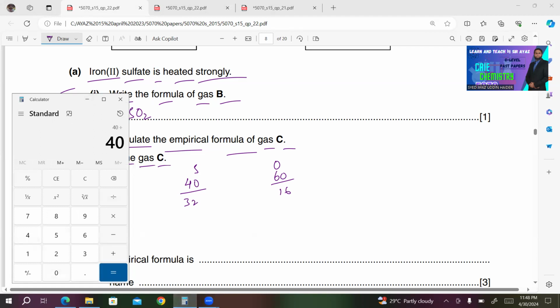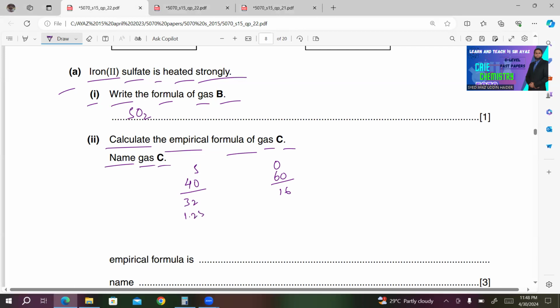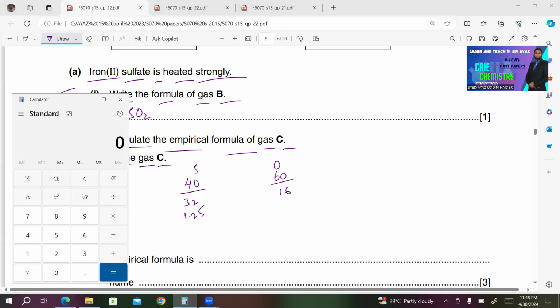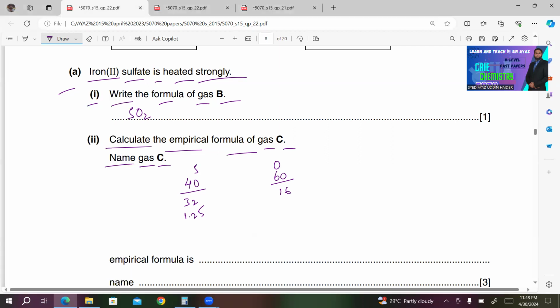40 divided by 32, 1.25. What about oxygen? 60 divided by 16, 3.75. Now let's divide both the values by the smallest combining ratio, or the least number of moles, that is of sulfur.